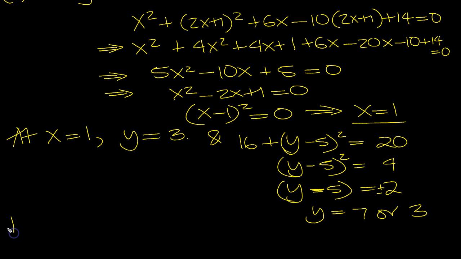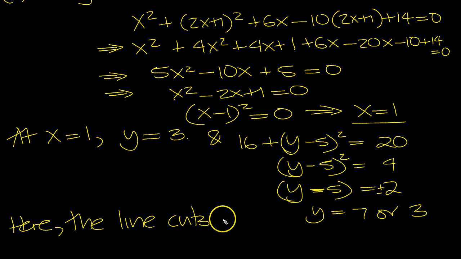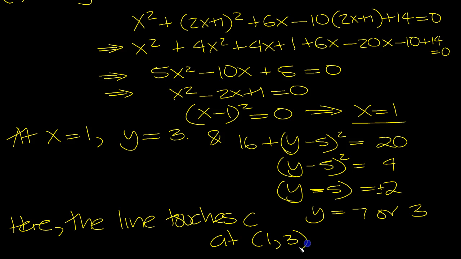So the line here touches the circle, doesn't it, at the 3-point, touches C at (1, 3), because there was just one x value when it cuts at x equals 1.